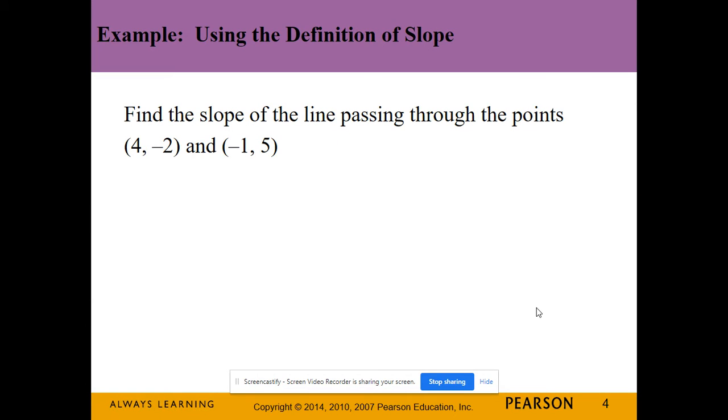All right, using the slope formula to find slope between 2 points.